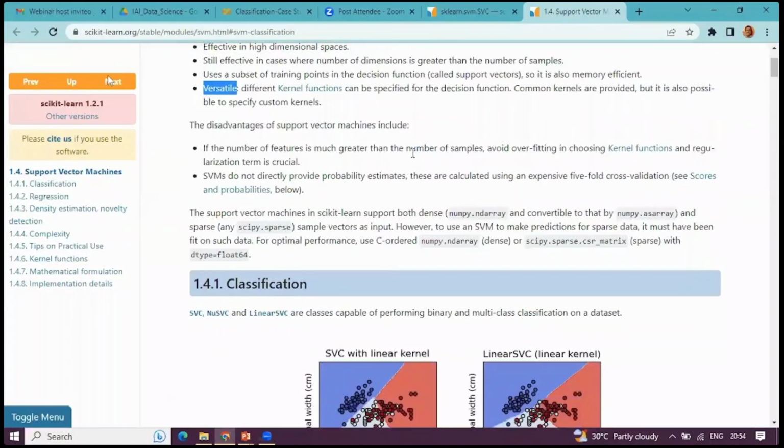And the disadvantages are if the number of features is much greater than the number of samples, your columns are much higher than the rows, especially in image classification kinds of problems. You will come across this scenario because every pixel will be treated as a different feature or a different column in a typical image classification problem.